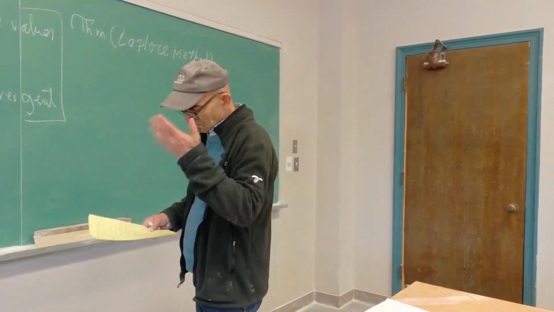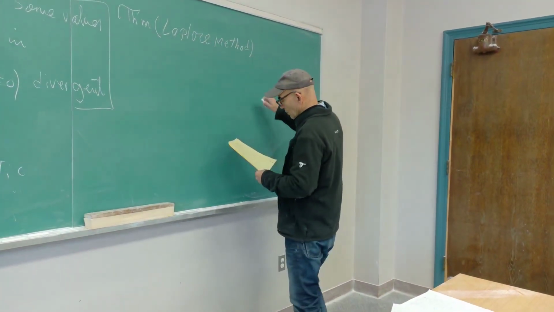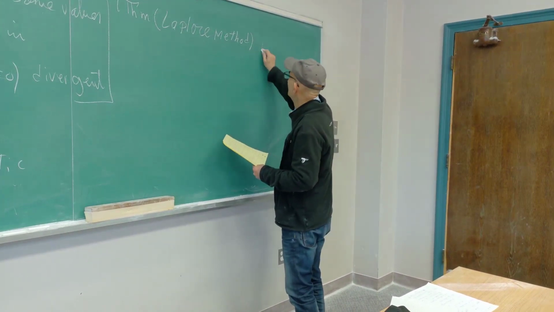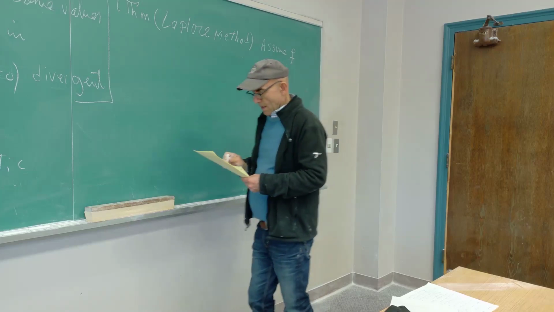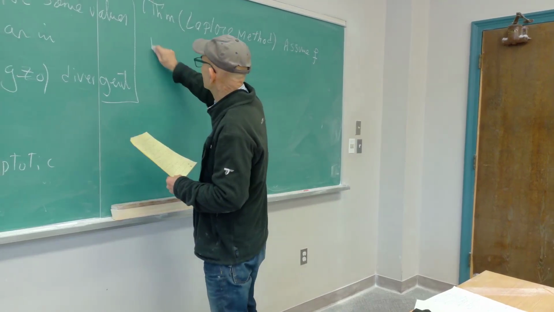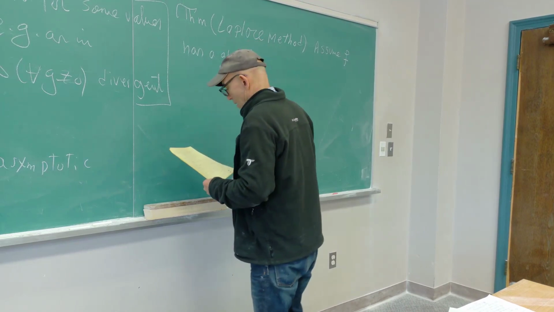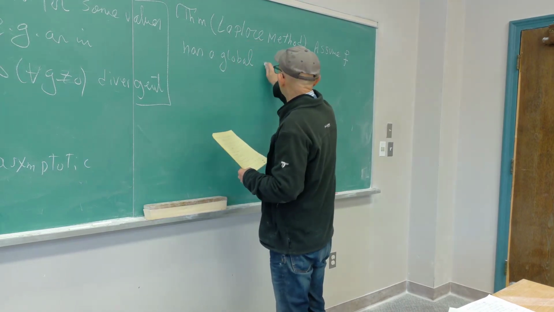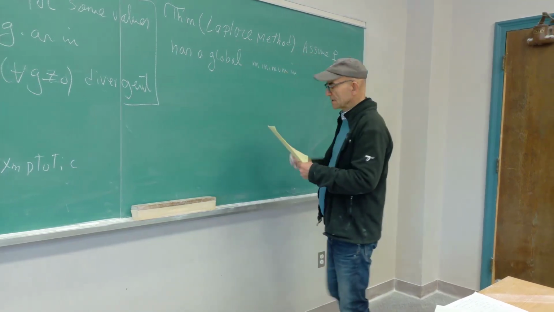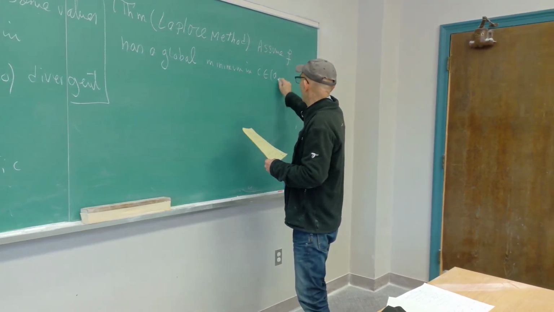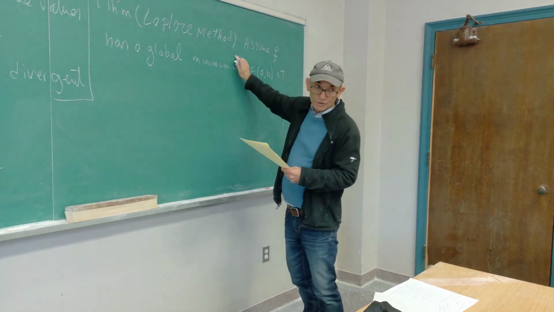You can formulate it in different forms, but here is one version. Assume F has a global minimum at c belonging to the open interval (a, b), such that it's actually a non-degenerate minimum.